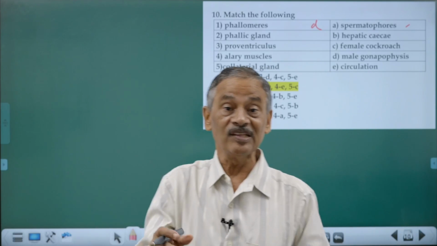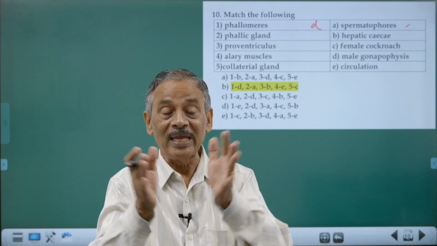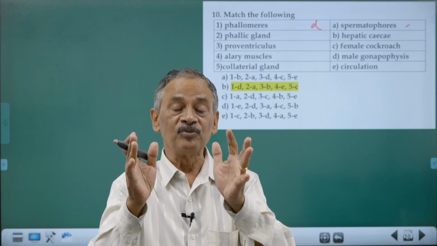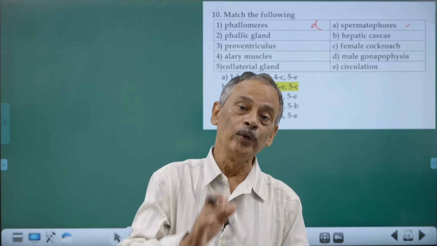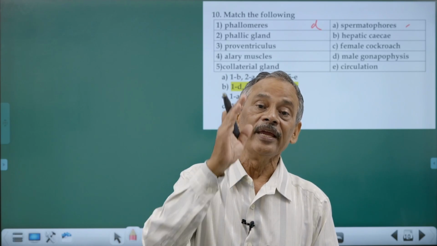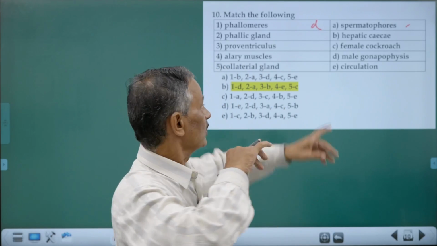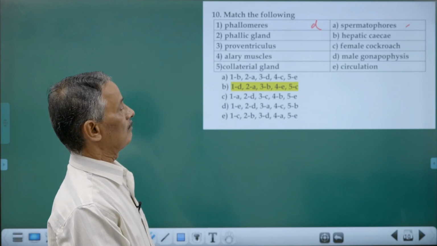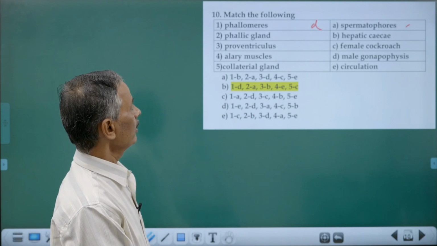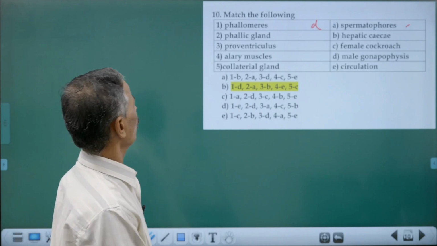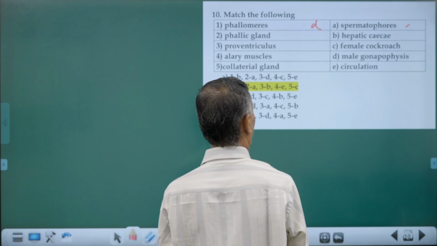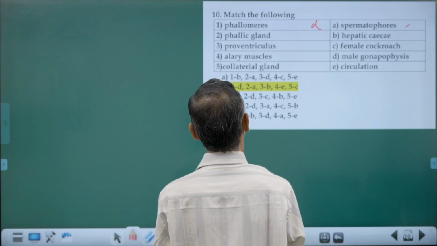That packet is formed by gluing, by attaching the individual sperms into packets. For that gluing, we need a sticky substance that is produced by the phallic gland. Phallic gland is correctly called conglobate gland. So, sperms are converted into packets called spermatophores.